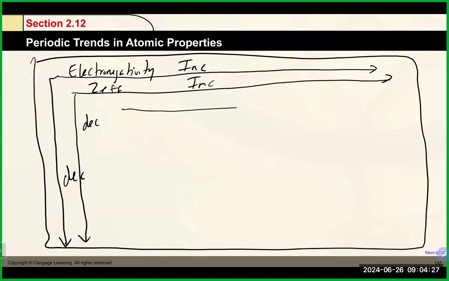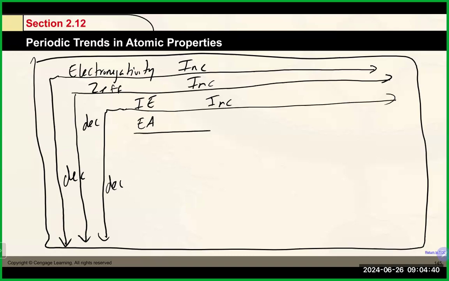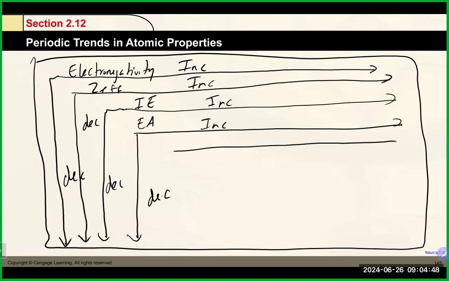As we go up and to the right, we see an increase in ionization energy and decreasing coming this way. Our electron affinity increases and decreases. And in terms of size, our radius decreases as you go up and to the right and increases as you go this way.